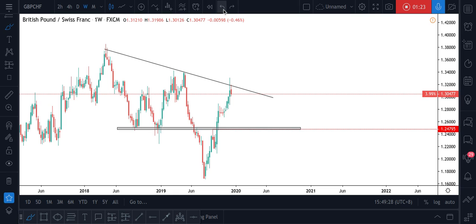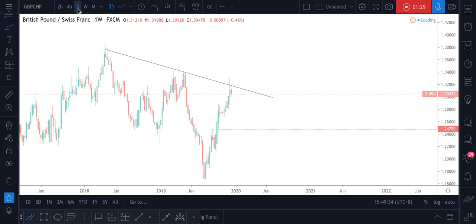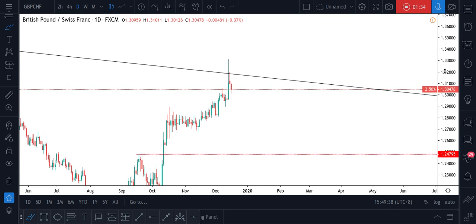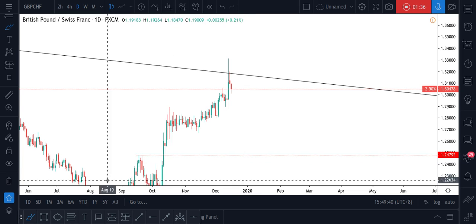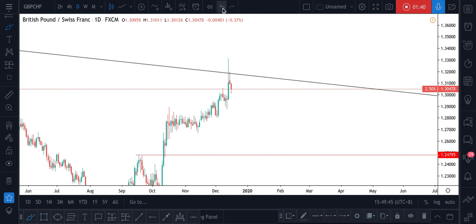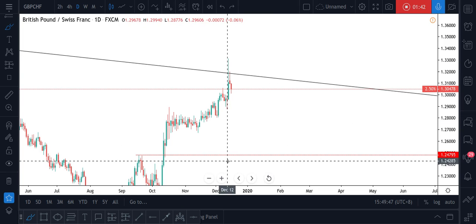Now before we can take this pair to the downside, let's go down on the daily time frame and have a look at what kind of price action we're getting. On the daily time frame, you can see that this pair has rejected this trend line very nicely, and we can expect the pair to move further to the downside.